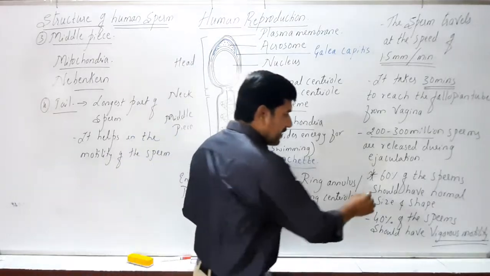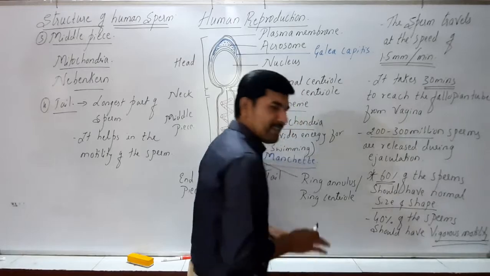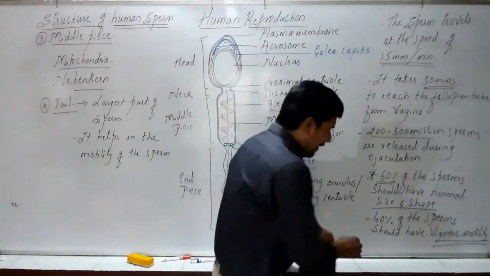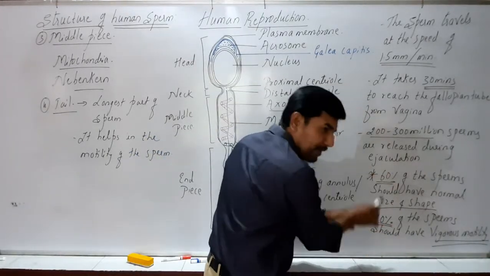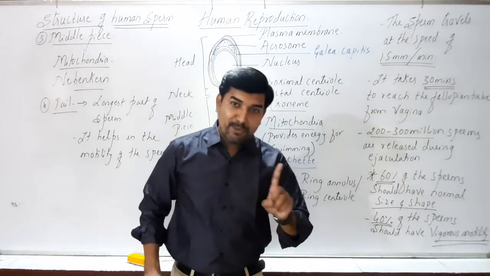Look at this. 60% of the sperms should have normal size and shape. And out of these, 40% of the sperms should have vigorous motility, fast motility.